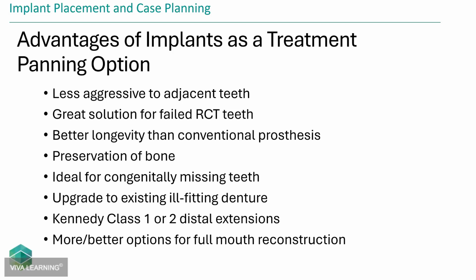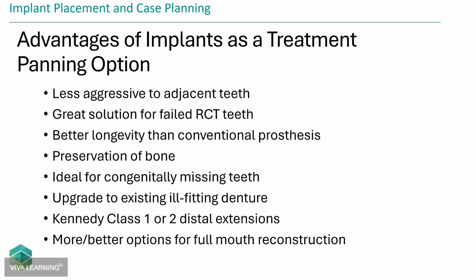They do preserve bone. They are a really good solution for people that have congenitally missing teeth, particularly 7 and 10. And they can take people that are in ill-fitting dentures that are just miserable, that can't go on anymore with their current situation, and we can give them a real upgrade, something that is life-changing and makes their actual health and lifestyle better.